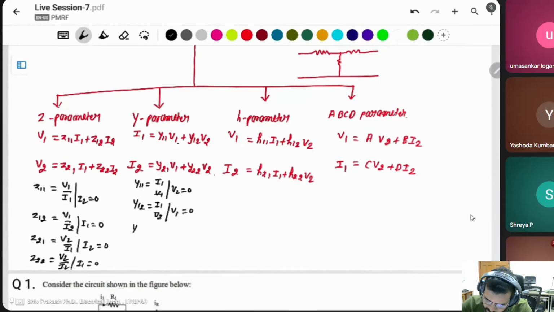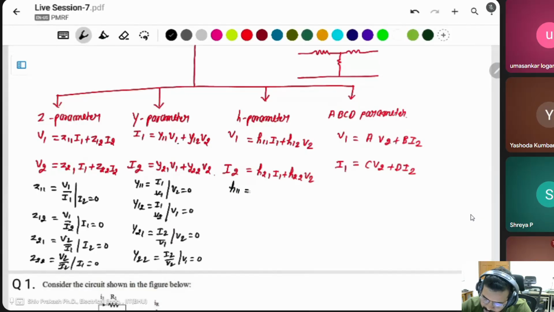Next one, Y21 is I2 by V1, when V2 will be 0, and Y22 is I2 by V2, when V1 will be 0.